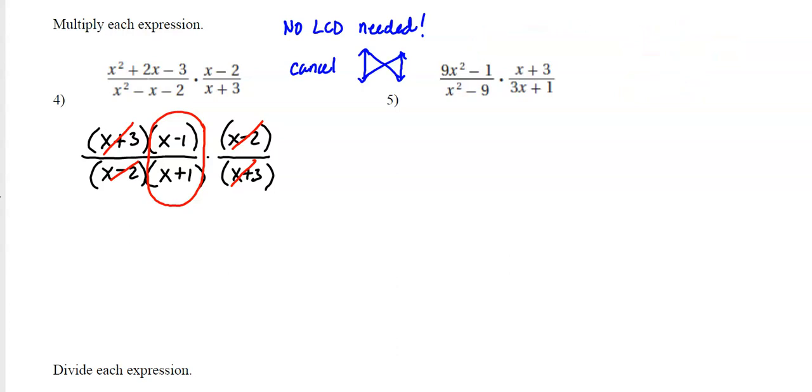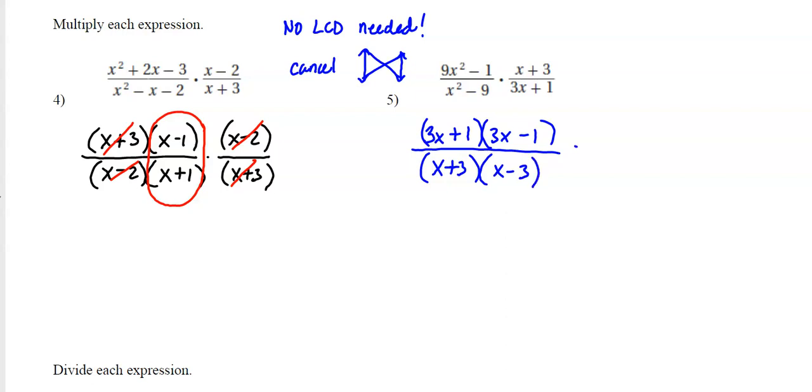So for this particular one, to get 9x squared, I need a 3x and a 3x. That'll give me 9x squared. And then I have a plus 1 and a minus 1. On the bottom, that's the difference of two squares. That's an x plus 3, x minus 3.